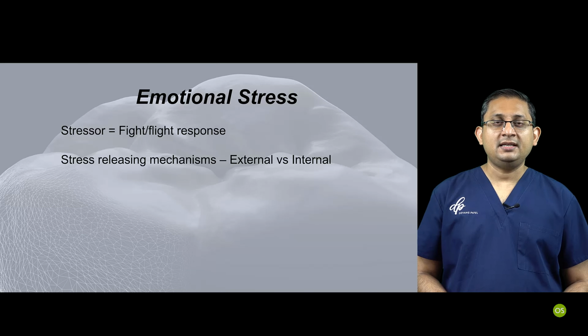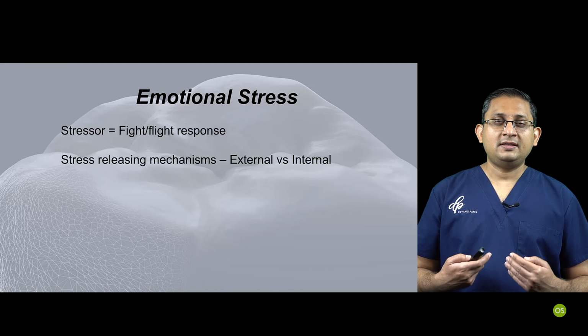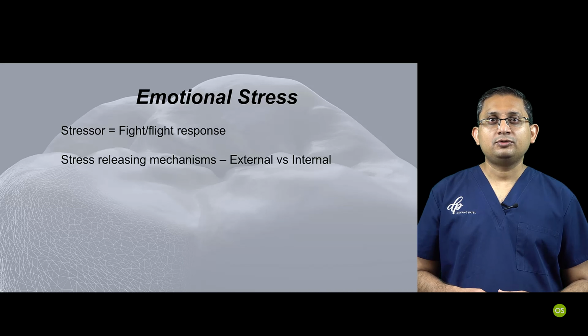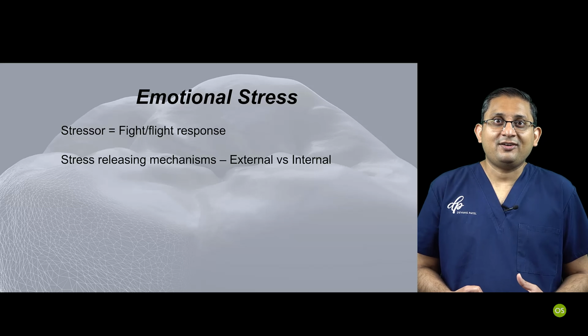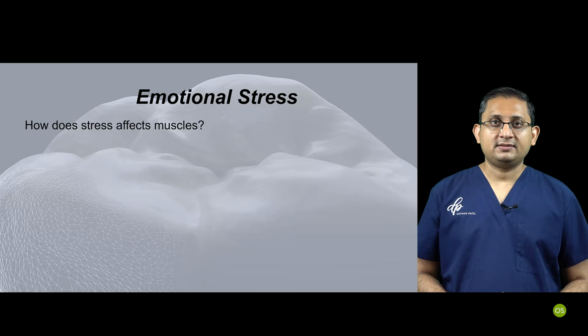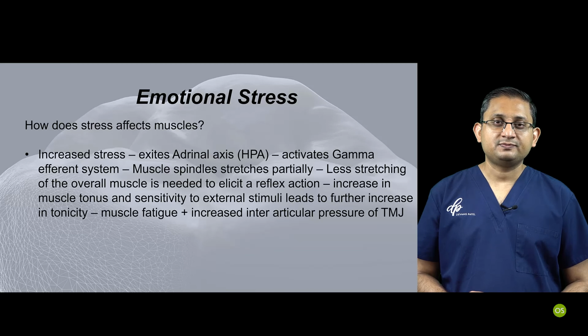However, internally, if they are not reacting out loud, they are damaging internally, and these patients can present to you with irritable bowel syndrome, hypersensitivity or hypertension, and they can also come with a stiff neck or jaw muscle pain. You need to really understand how stress affects the muscles.